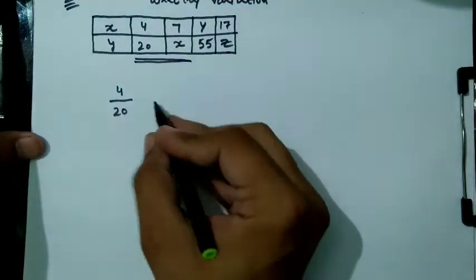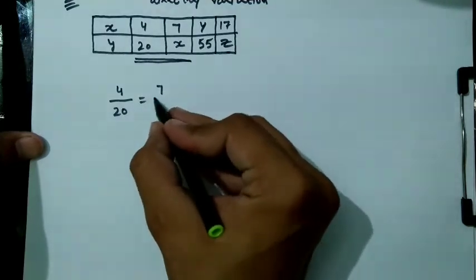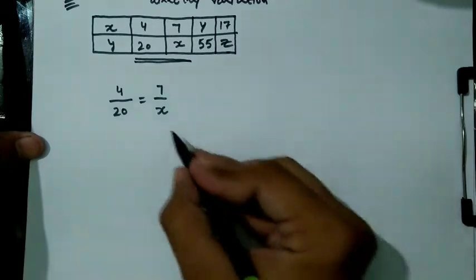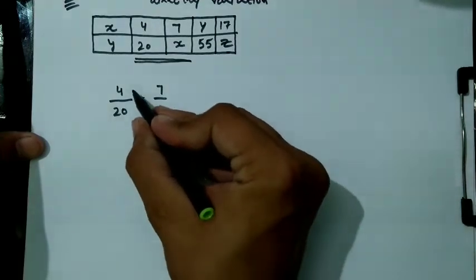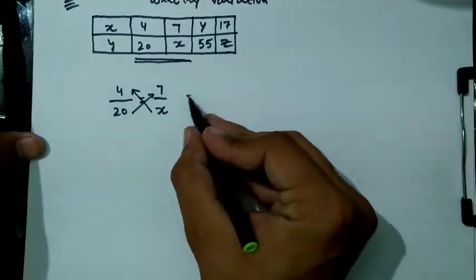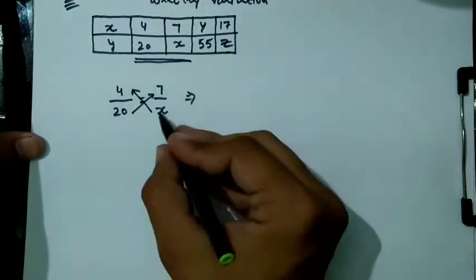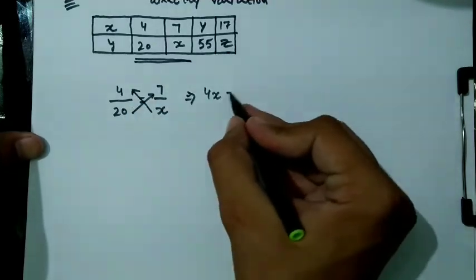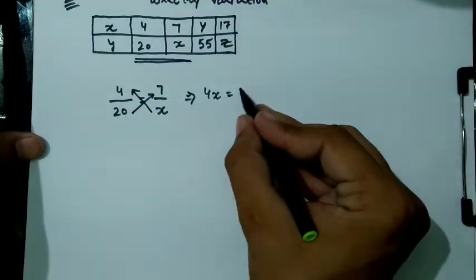is equal to 7 over x. So here you have to do cross multiply and you will find the value of x firstly. So 4x is equal to 20 into 7.